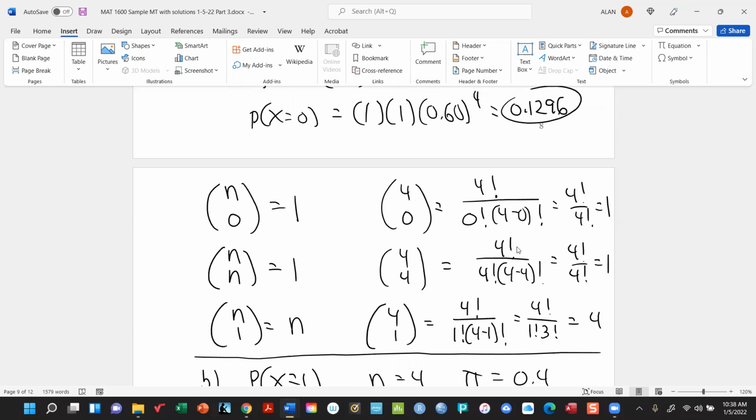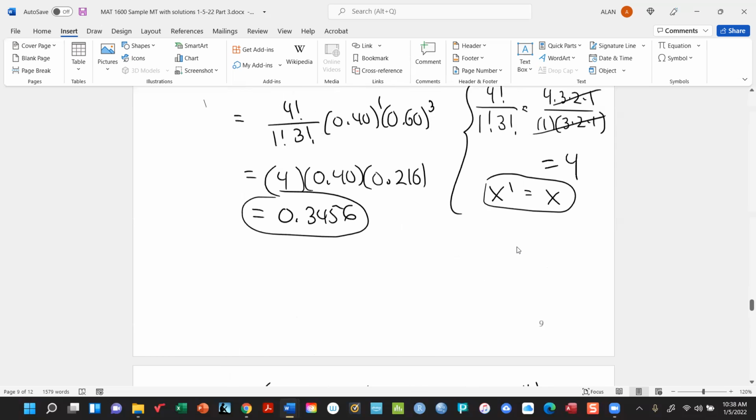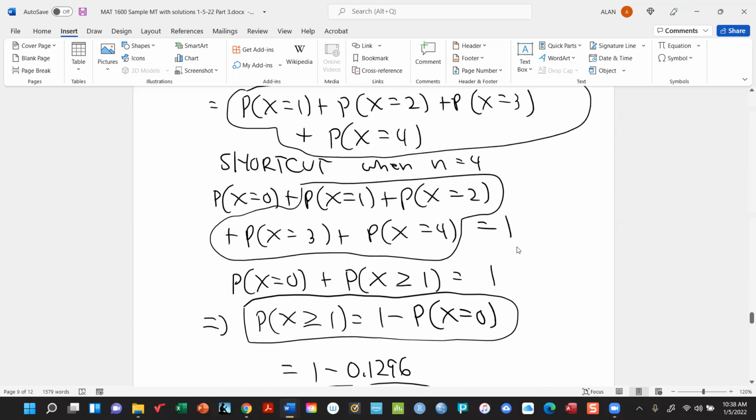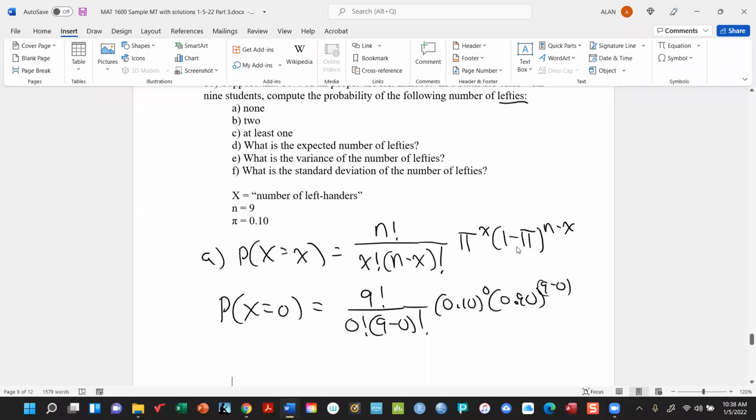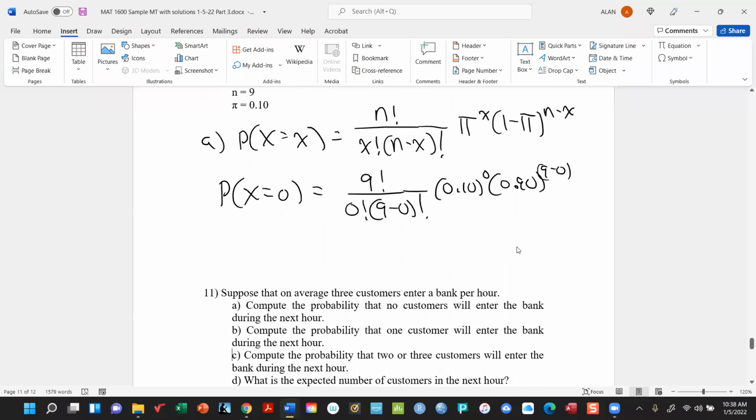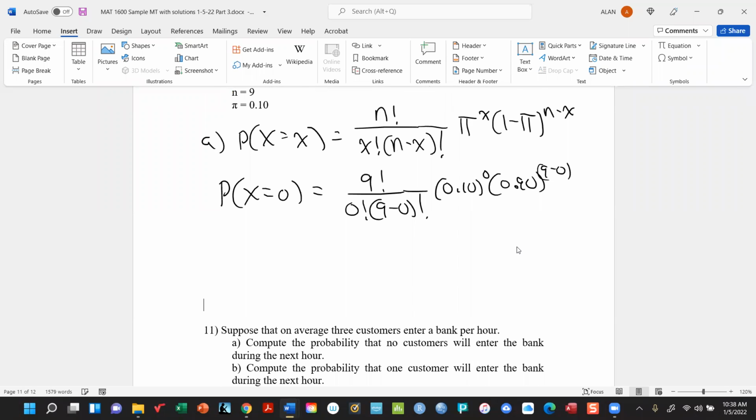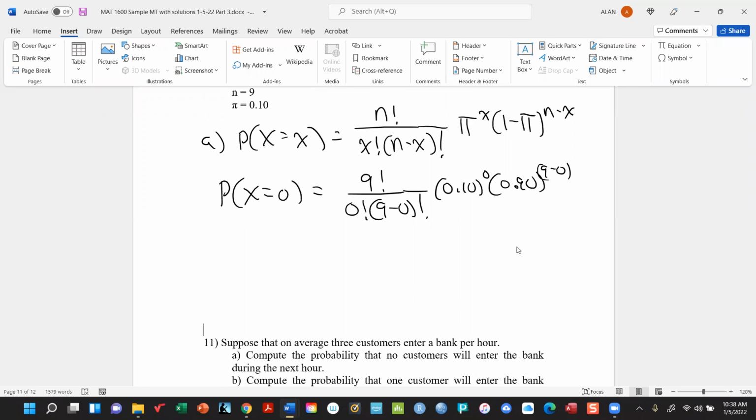Okay, so even though up here it was 4, you can see that when you calculate this formula, those 9 factorials will actually cancel each other out. 0 factorial is just 1. And 0.1 to the 0 power is, of course, just 1.